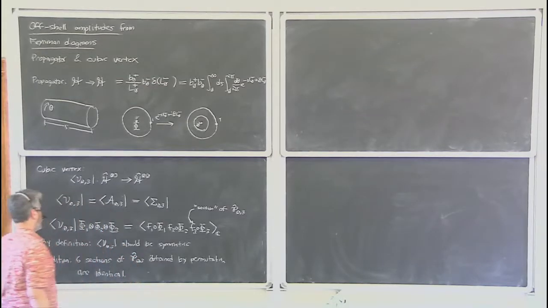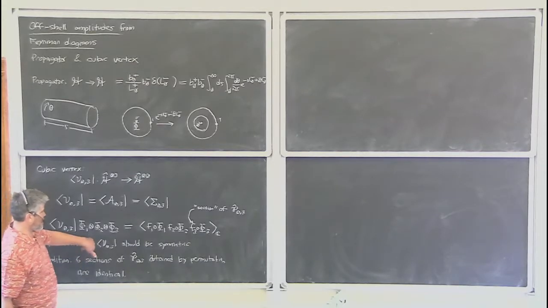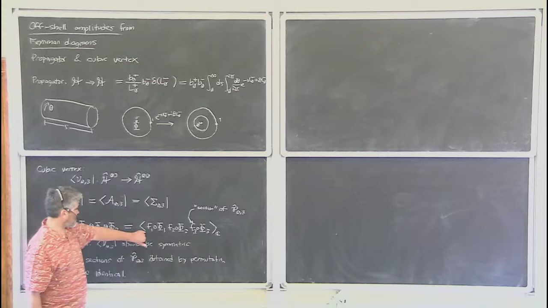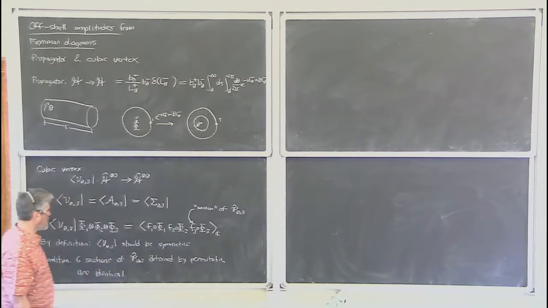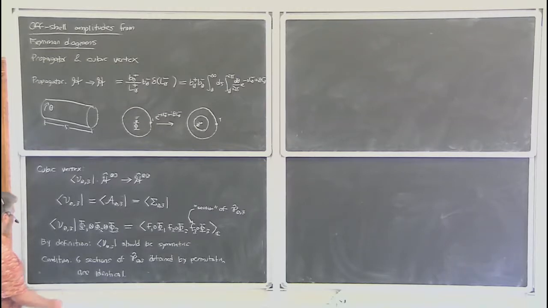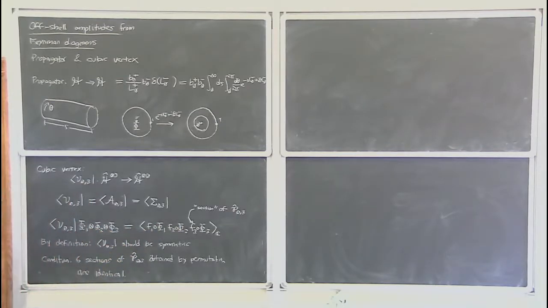That means that you make a very special choice of section, or a very special choice of these local coordinate maps, in such a way that this vertex is identically symmetric without having to explicitly symmetrize.